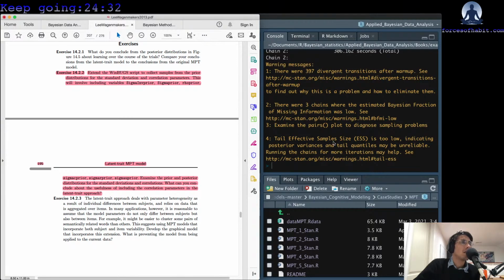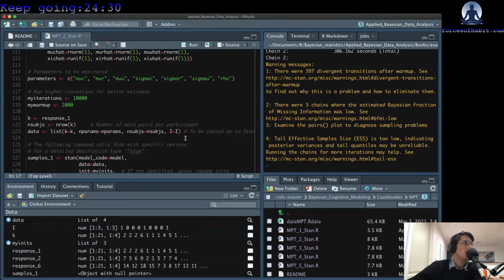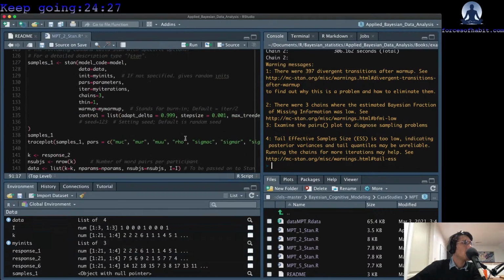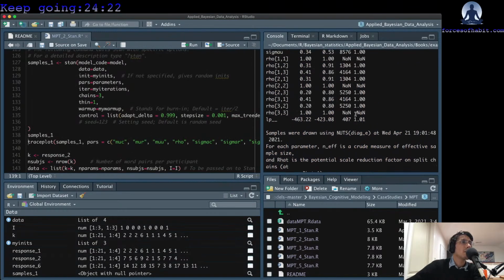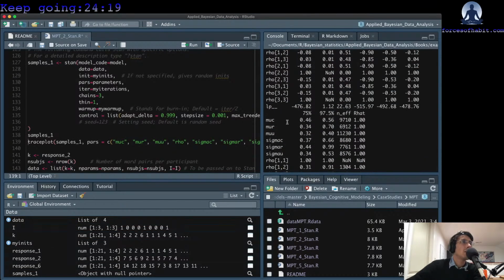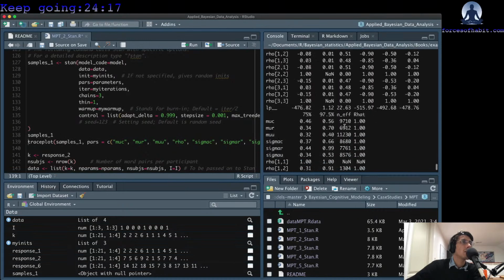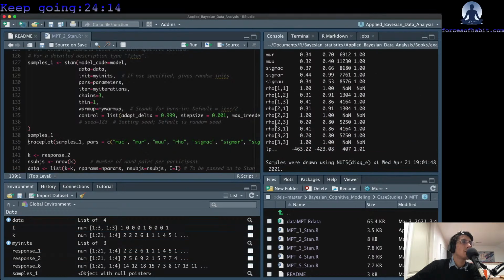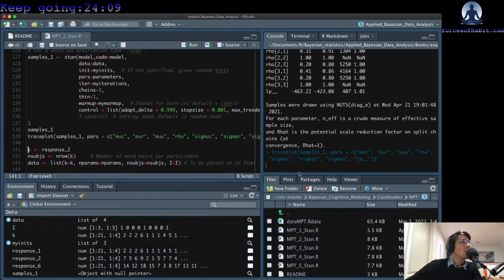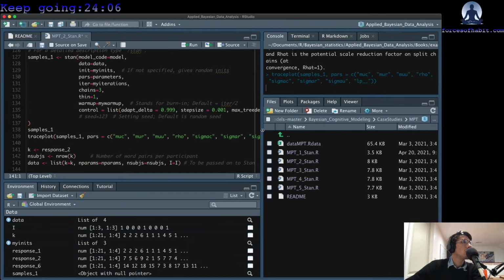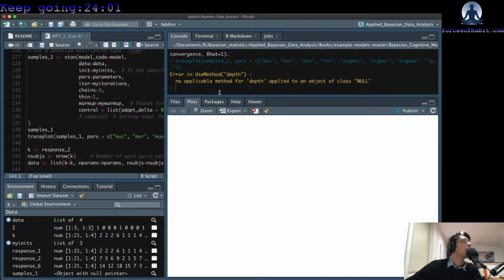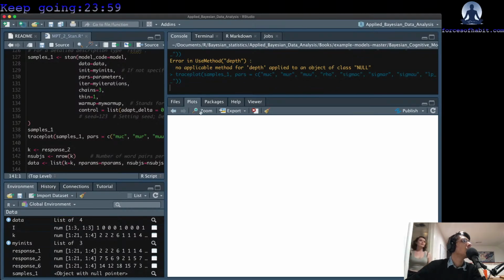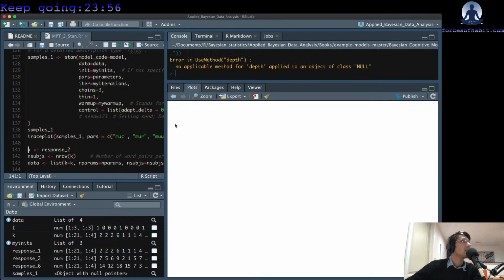Okay, so it seems like to estimate this sort of model, we would have to substantially increase the sample size. Not getting traces.